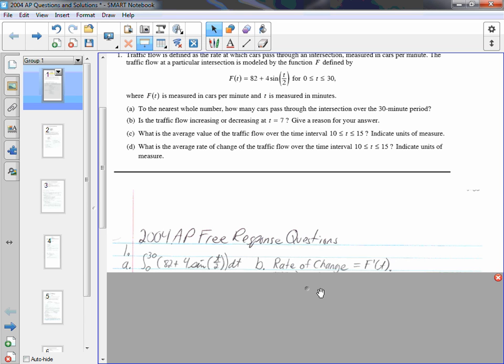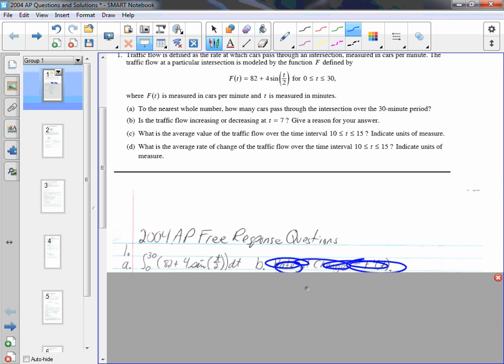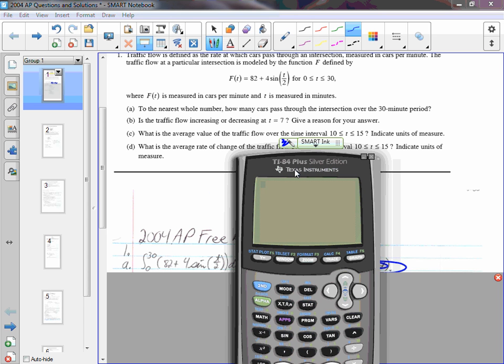So we have the integral from 0 to 30 of capital F of t, which is 82 plus 4 times the sine of t over 2 dt. Punch that in on your calculator and take the integral of that from 0 to 30. Make sure you're in radians. If you're not in radians, you won't get the right answer.